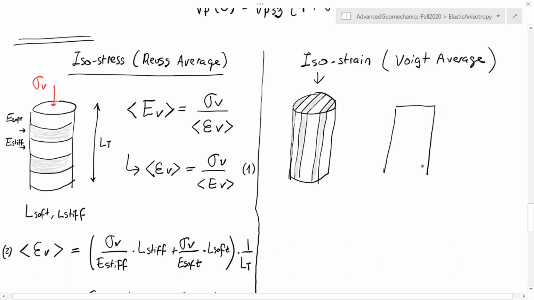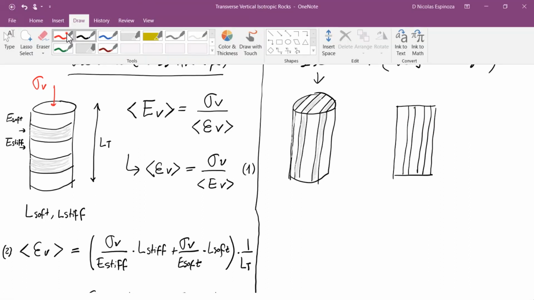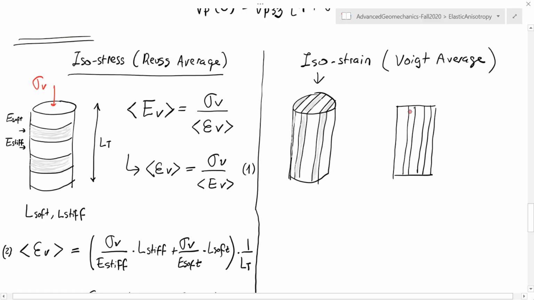If this is my rock, it's a cross section. The deformation is going to be such that it's going to follow an isostrain, or the horizontal strain is going to be the same for all layers.